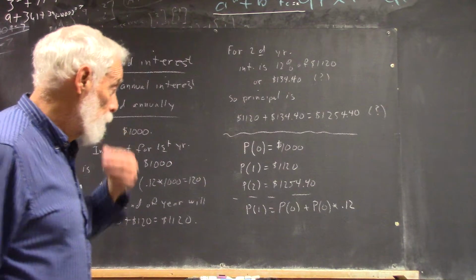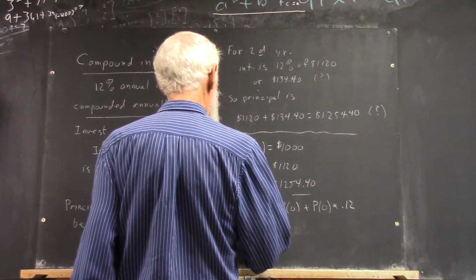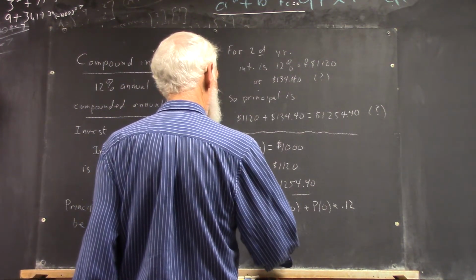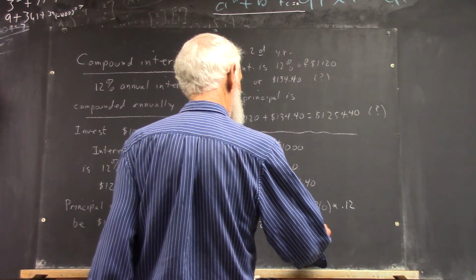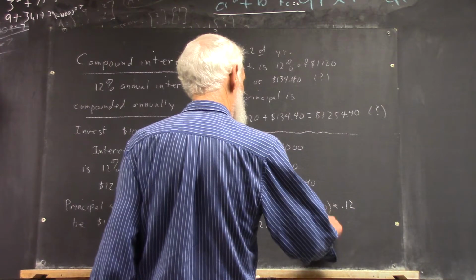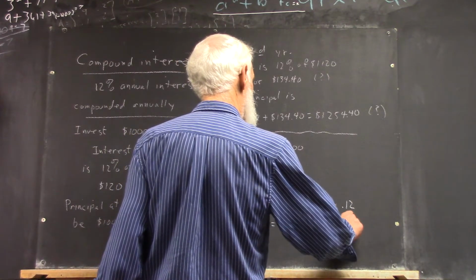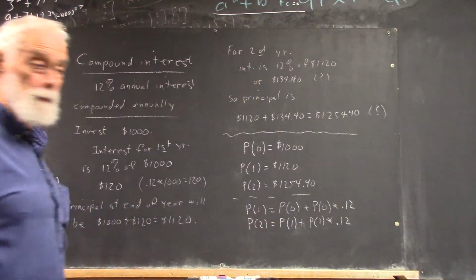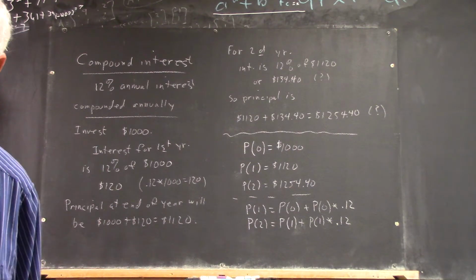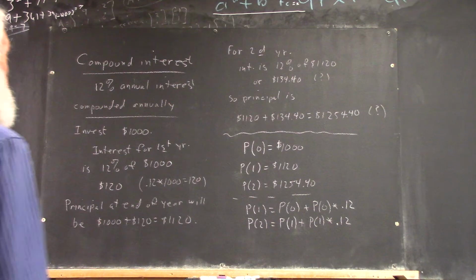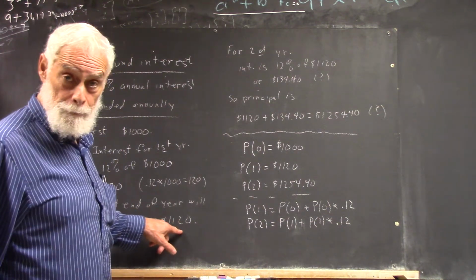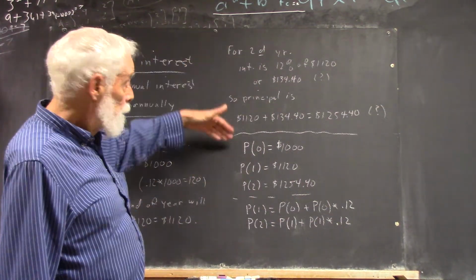Now there's going to be a pattern to this. Principal after 2 years is the principal after 1 year plus principal after 1 year times 0.12, right? Okay? Because what's the principal after 1 year? It's 1120, right? How did we figure out the principal after the second year?